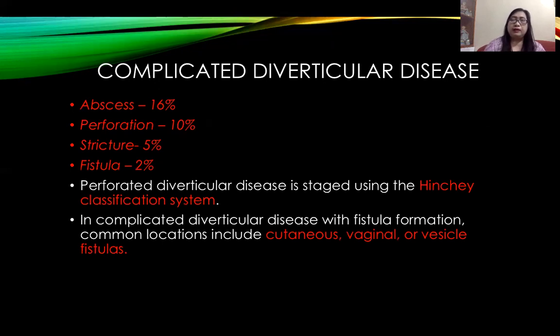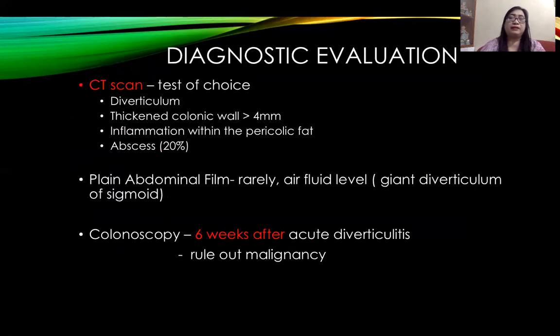Perforated diverticular disease is staged using the Hinchey classification system. In complicated diverticular disease with fistula formation, common locations include cutaneous, vaginal, or vesical fistula. These are the common locations where you develop fistula among patients with diverticulosis or diverticulitis.